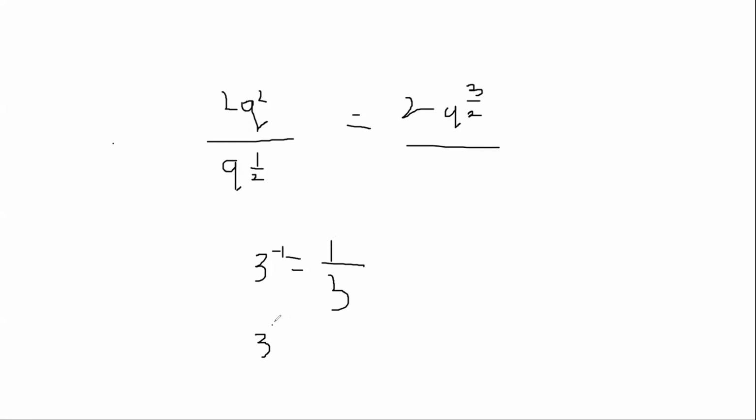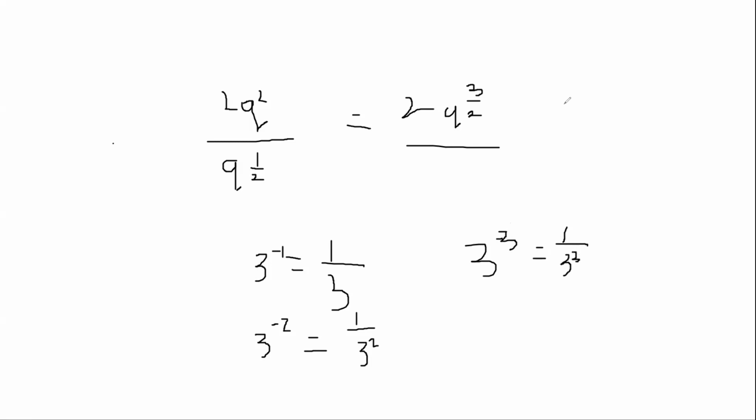If we have 3 to the power of negative 2, it would be 1 over 3, but this time it's 3 squared. And the same would go if we have 3 to the power of negative 3. It would be equivalent to 1 over 3 cubed, and so on.